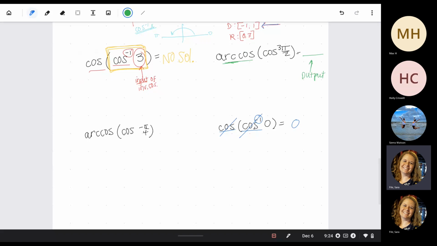So I need to ask myself, is this value in the range of that inverse function? So is 3 pi halves in between 0 and pi?